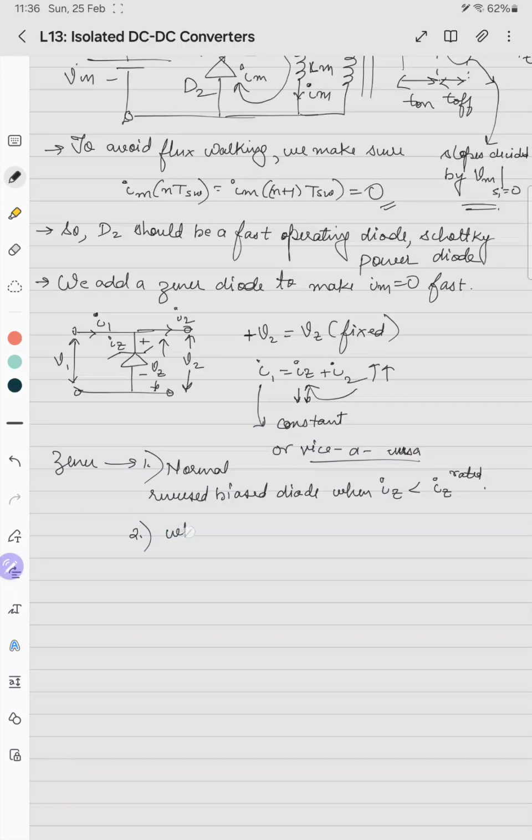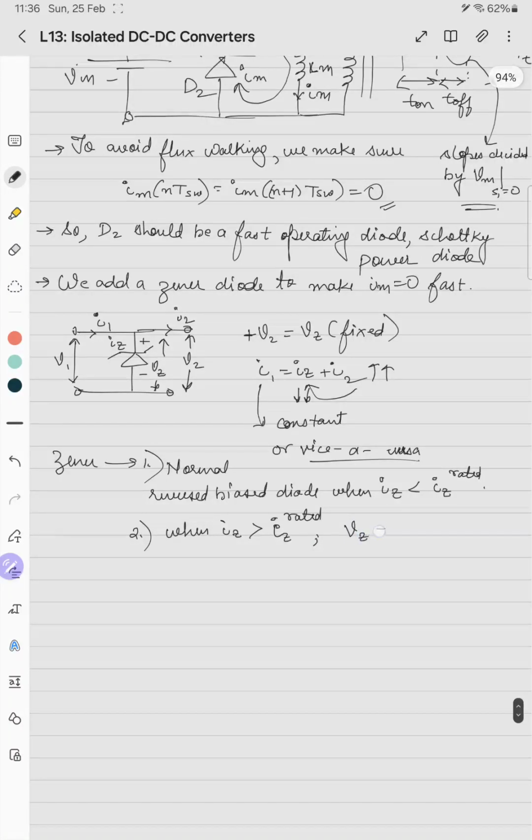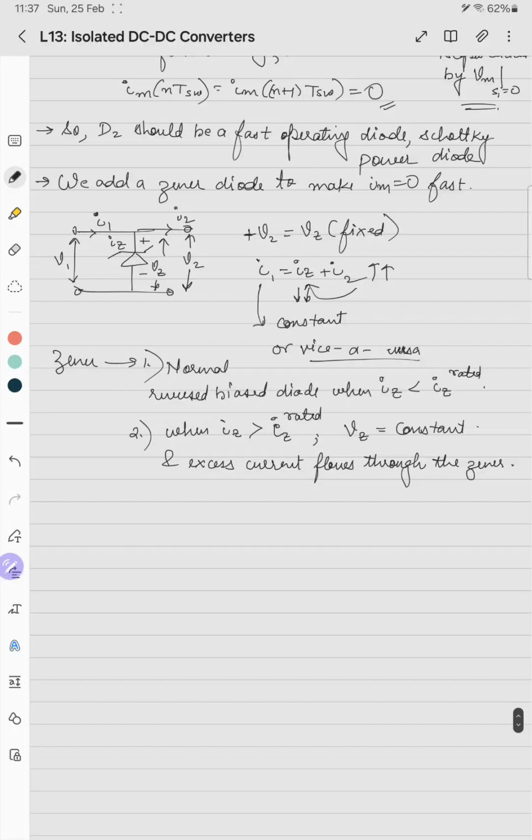Now when the current flowing through the Zener increases beyond the IZ rated, VZ is constant and the excess current flows through the Zener. So the Zener action comes into picture when the current demand in the circuit is more.